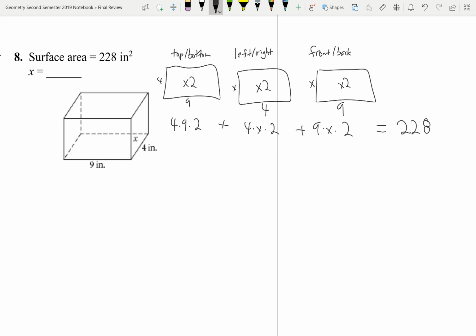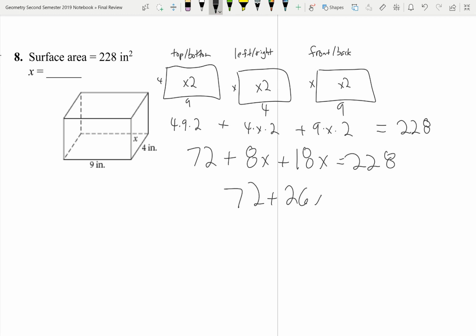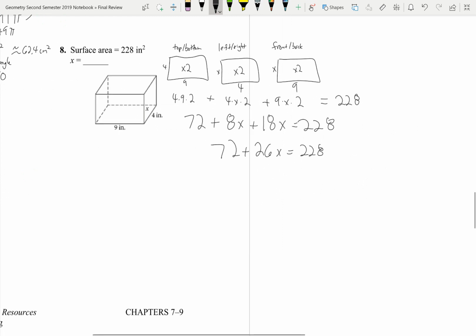So 4 times 9 is 36, times 2 is 72, plus 8x plus 18x is going to be equal to 228. So that's 72 plus 26x equals 228. And if you subtract 72 from both sides, 26x will equal 228 minus 72, which is 156.